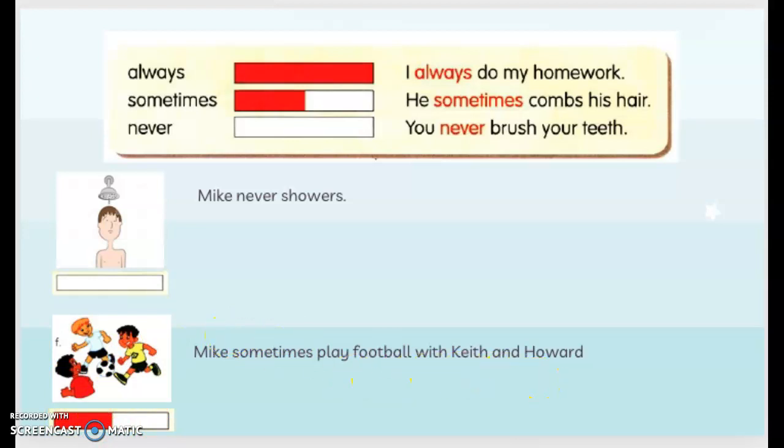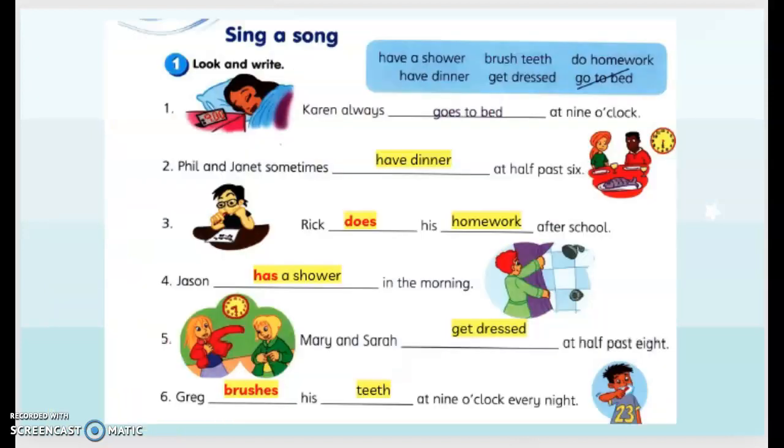Alright, move on to this one. Okay, so these are the activities or the daily routines. Have a shower, brush teeth, do homework, have dinner, get dressed, and go to bed. If you look at the first example, Karen always goes to bed.